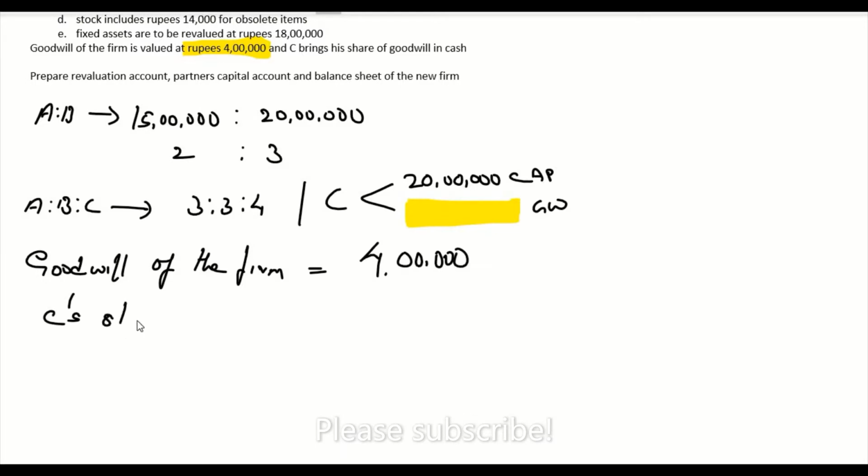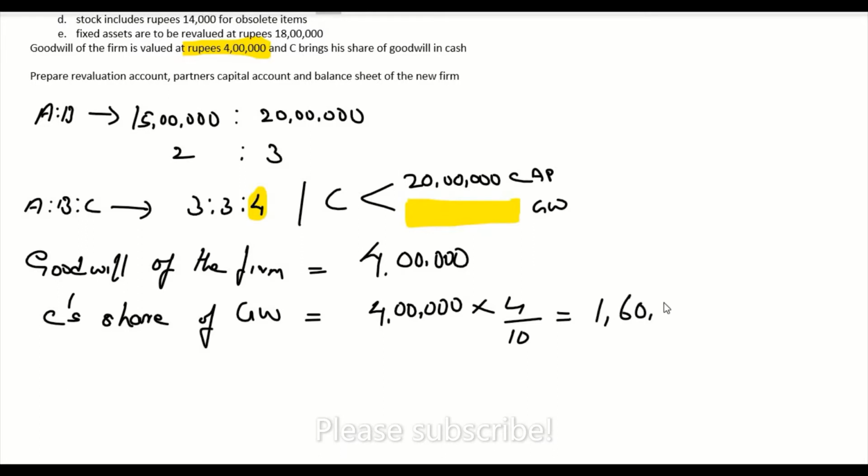C's share of goodwill is equal to 4 lakhs into his share of profit, which is 4 plus 3 is 7, 7 plus 3 is 10, 4 by 10. So into 4 by 10. That's equal to 1,60,000.